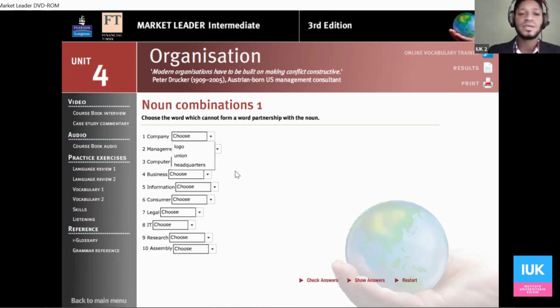In other words, you have to identify the words that actually can form a combination and decide which one does not go well with the word company. Is it logo, union, or headquarters? What do you think?